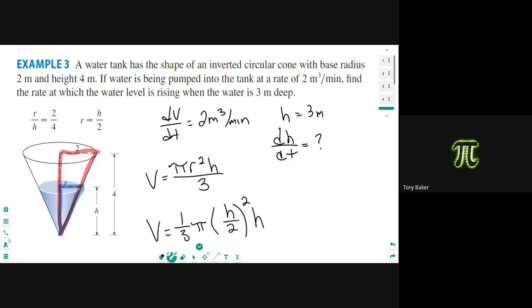Can I clean that up to make my life easier? So we can square the fraction, get rid of the parentheses, and put things together. So I have 2 squared is 4, so I have 1/12. Actually, I want to put the pi on top of that. And then I have h to the 3rd.